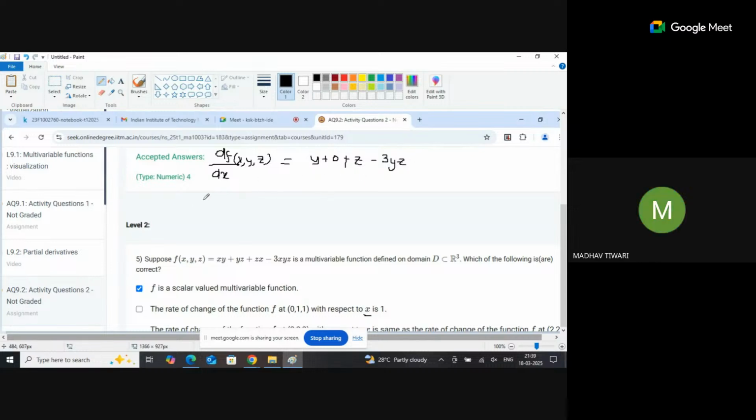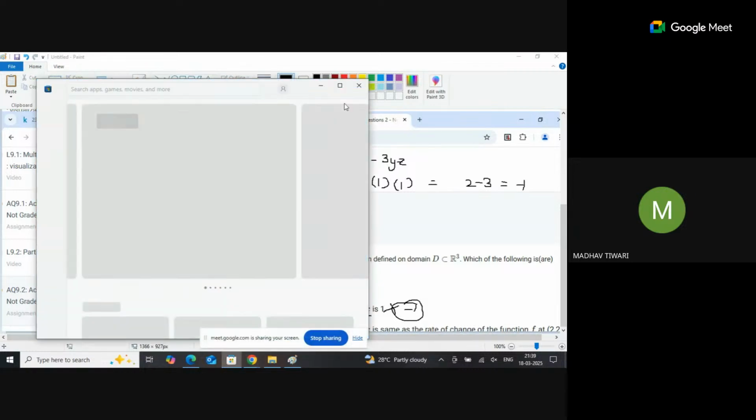If you put the value 0, 1, 1 here, x is not there, so no worry, you can put y and z values: 1 plus 1 minus 3 times 1 times 1. This is 2 minus 3, that is minus 1. So 1 is not correct, it should be minus 1. So this is wrong.